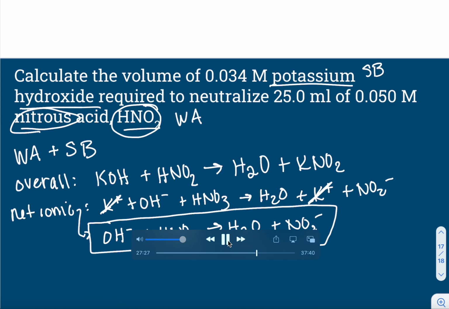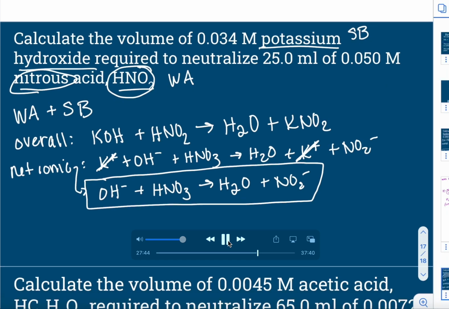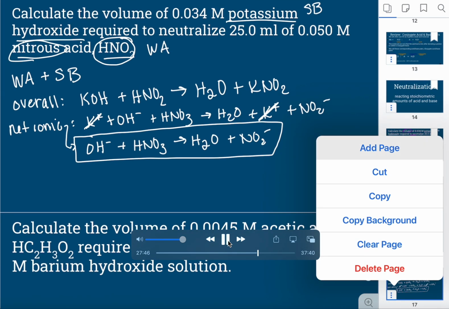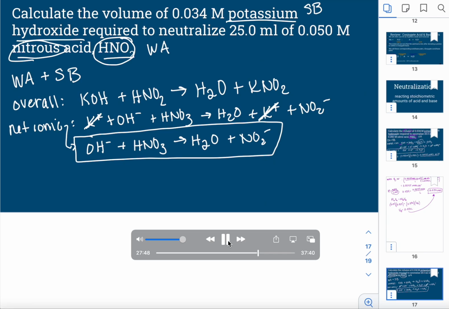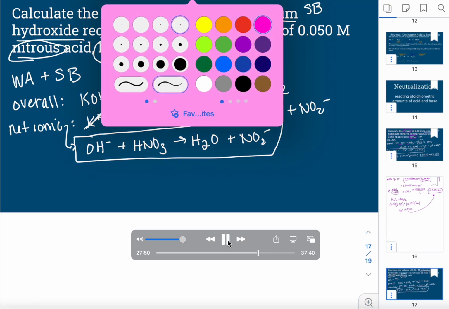If not, you have to do this all. Solving for the number is exactly the same as strong acid and strong base. Even though the reaction will be different, we don't have to go through that whole process. We can just use our molarity formula like we did for the last one.